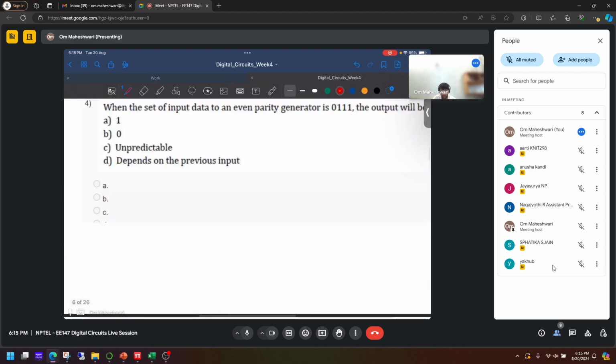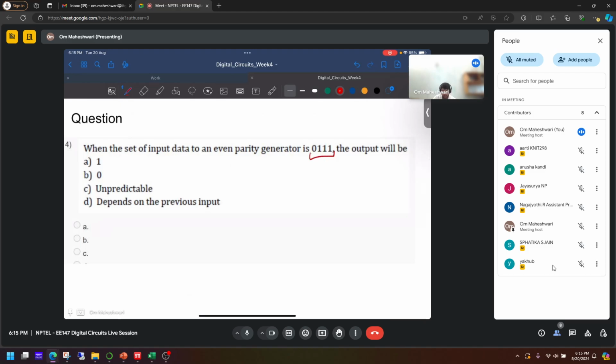So even parity generator means you want to generate an even number of ones, right? But in this number you have 0, 1, 1, 1, there are an odd number of ones. So a parity generator will generate another one to make it even. So your answer would be 1.